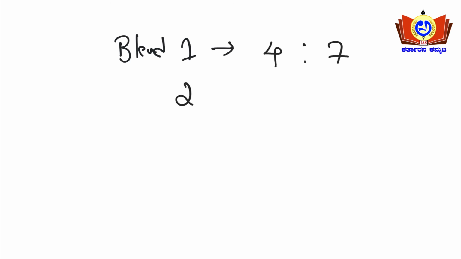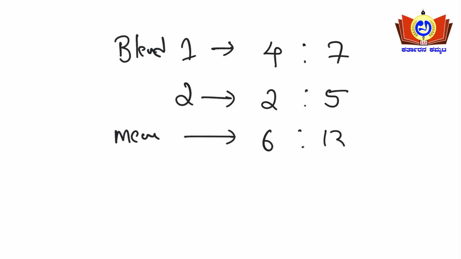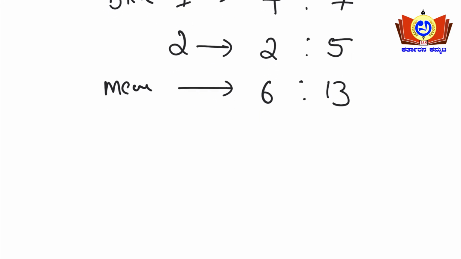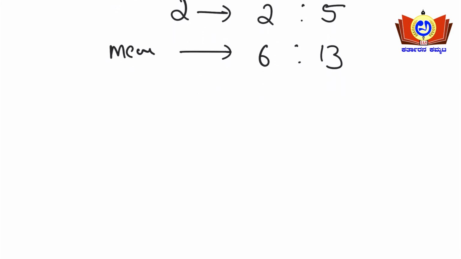See here friends, what is given is blend 1. What is the ratio? 4:7. Blend 2, what is the ratio? 2:5. What we need to obtain is, the question says, the ratio 6:13. I'll take any one quantity, the first quantity.